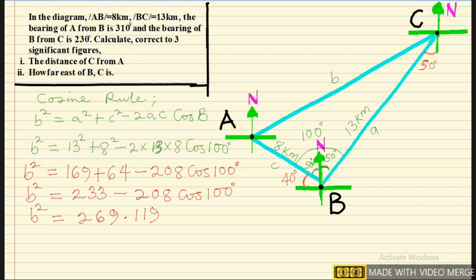Now, what you're going to do is take the square root of both sides, so b will be equal to the square root of 269.119. That gives us 16.4 kilometers.